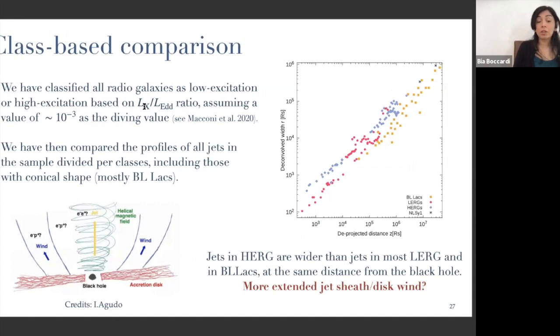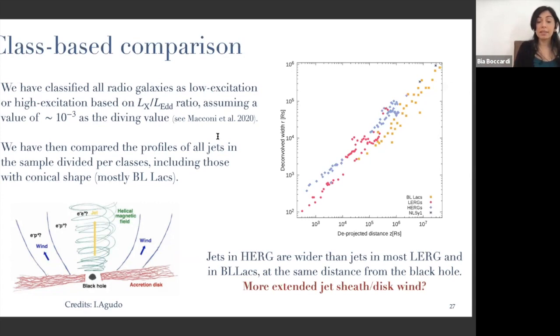By calculating the ratio between the X-ray luminosity and the Eddington luminosity, we have discriminated between low excitation and high excitation sources by assuming a dividing value of about 10 to the minus 3, which follows the results of a previous paper, which investigated the X-ray properties of sources classified based on the optical properties, which is the original characterization of low excitation and high excitation sources.